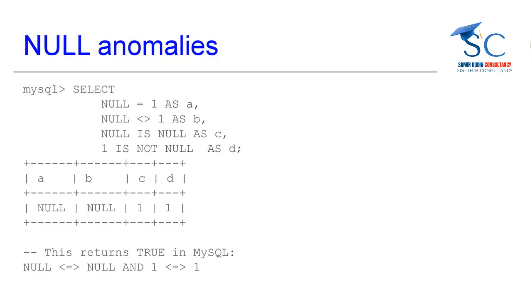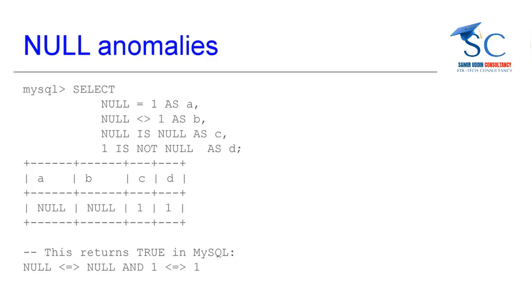Sometimes it means a missing value, sometimes it means an existing but unknown value, and the result is that sometimes it's very inconsistent. Anyway, what directly affects your queries is what I show here.